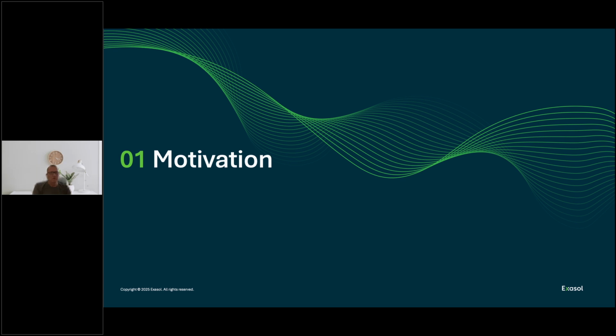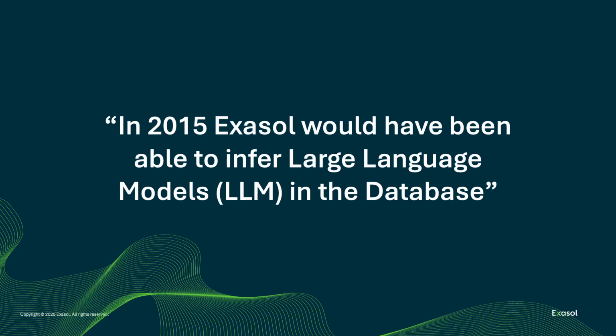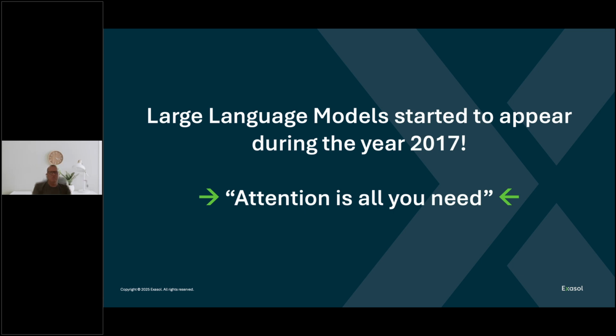Some words about the motivation for today's presentation. In 2015, Exasol would have been able to infer, or in other words, execute large language models in the database. While you're reading this, I'm pretty sure some will raise their eyebrows, because what is Dirk talking about? And you are right, because large language models started to appear during the year 2017 with a famous paper, Attention Is All You Need, by some researchers at Google.